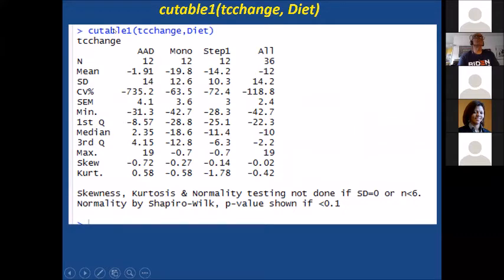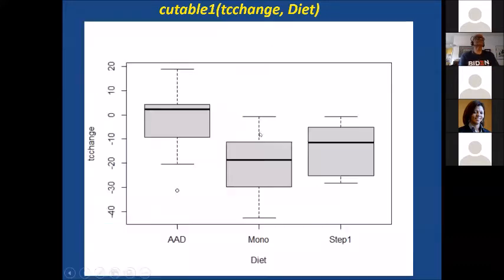And so this CU table 1 tells you how many are in each group, what the mean, standard deviation, coefficient of variation, the things that we did in Excel, but quite a bit more. It also does normality testing, and then it also gives you results for the whole cohort. So just a very convenient way for you to see a summary of the data.